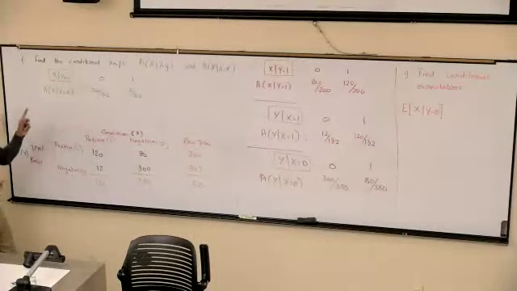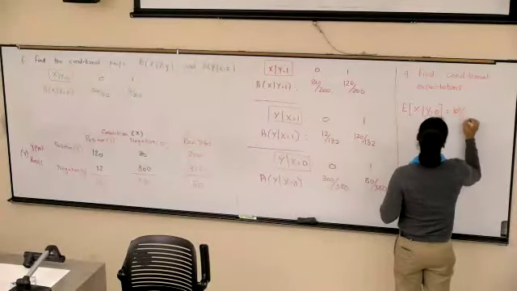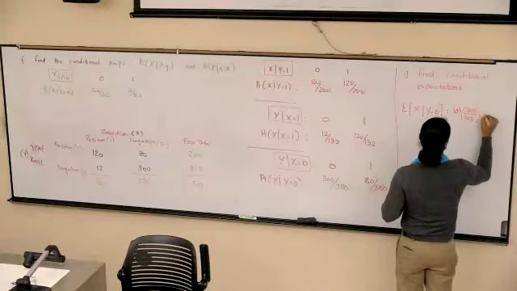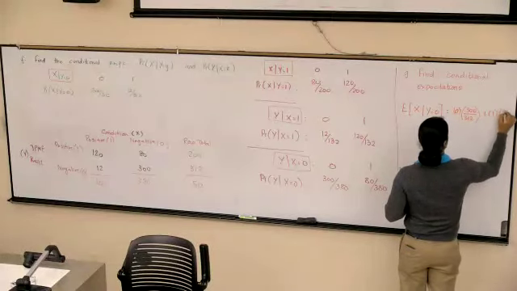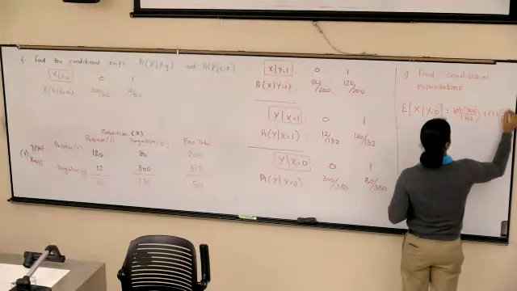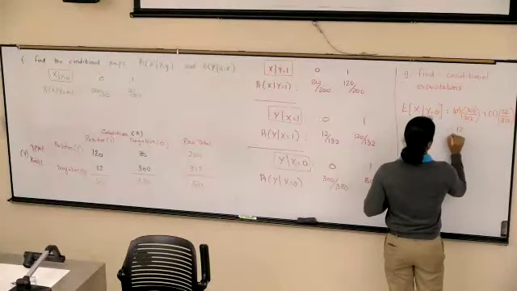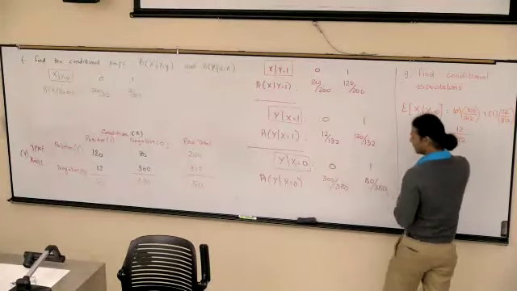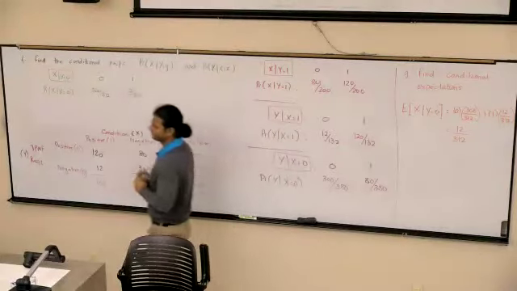And that would simply be 12 over 312, because you're multiplying the outcome 0 by the probability 300 over 312 plus 1 times 12 over 312. So we get 12 divided by 312.